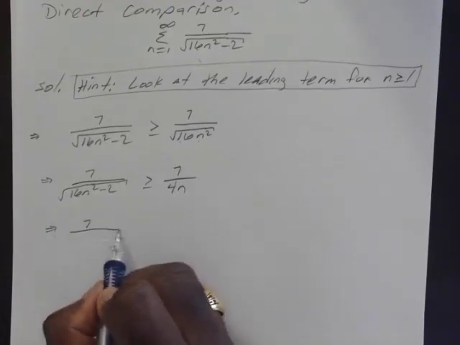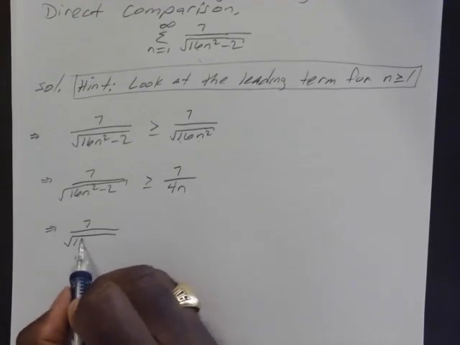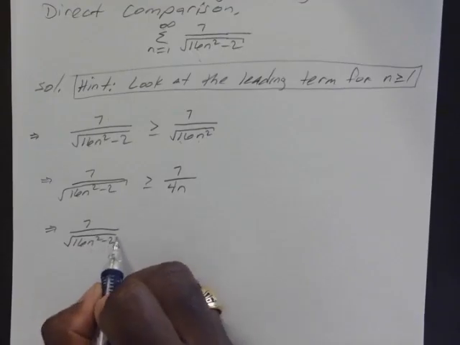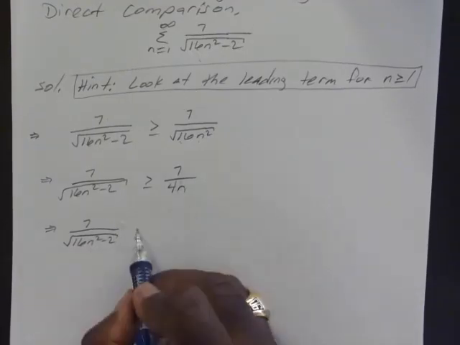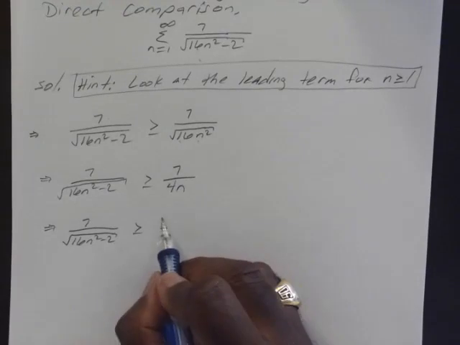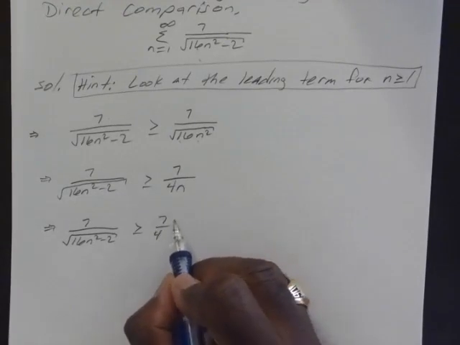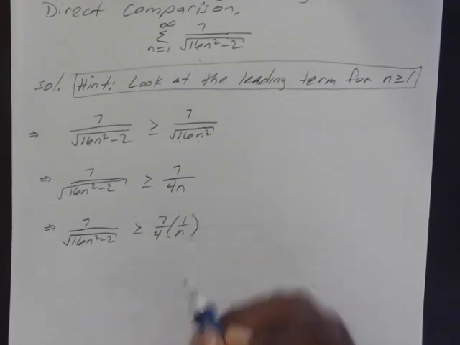If we simplify that a little bit more, we know it's 7 over 4 times 1 over n.